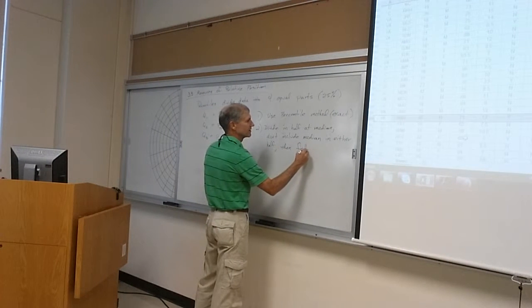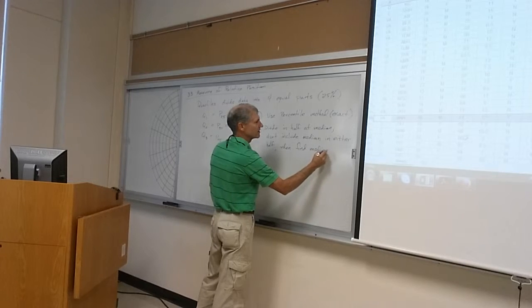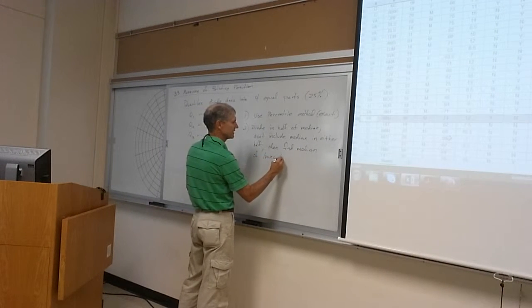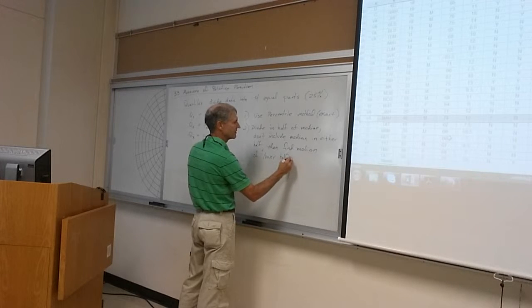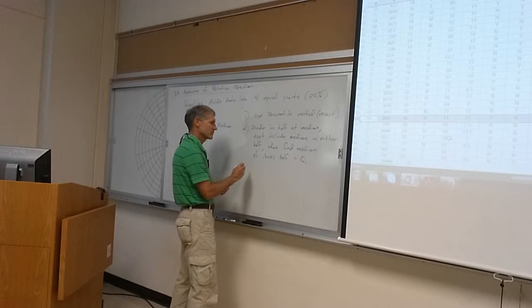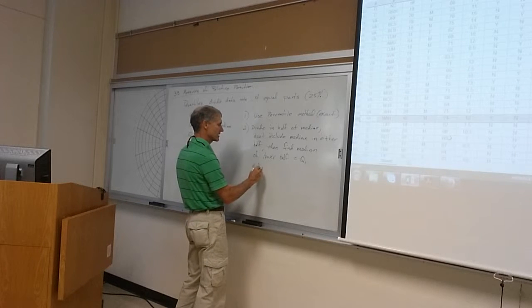Find the median of the lower half, and that's equal to Q1. The median of the upper half is Q3.